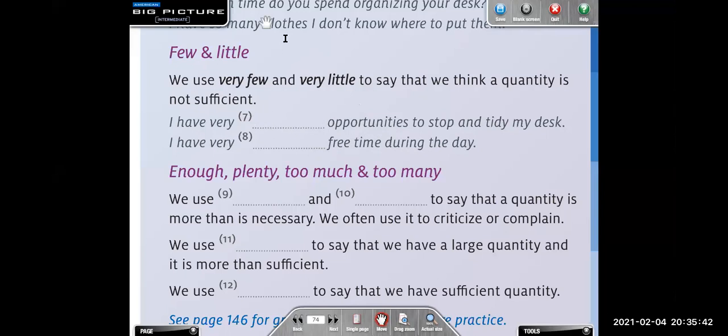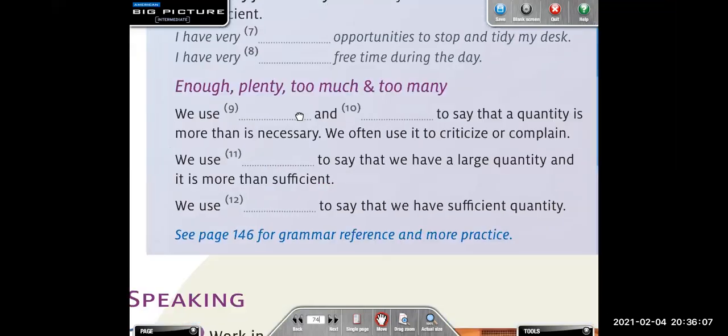Few or little? Few. Why few and not little? Because opportunities is countable. Very good. And here we need to write little, because time is uncountable. Very good.